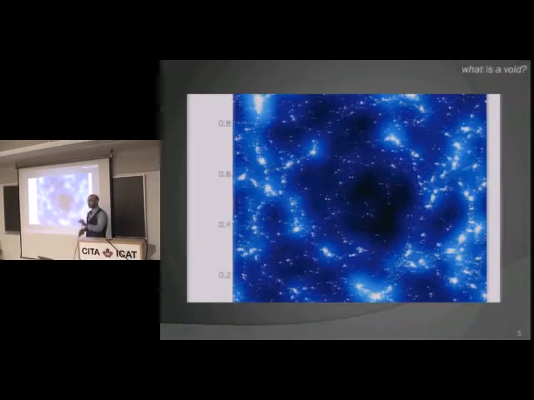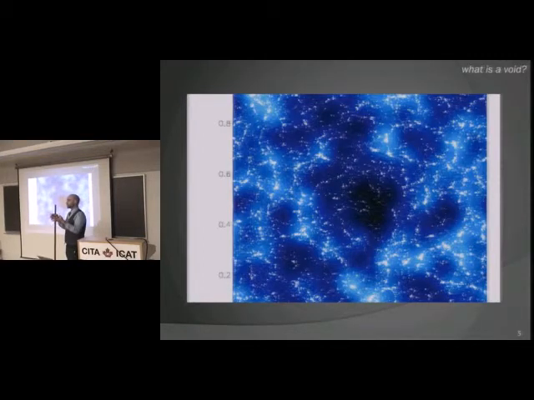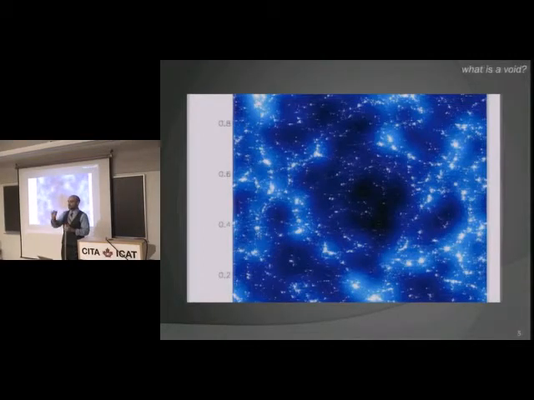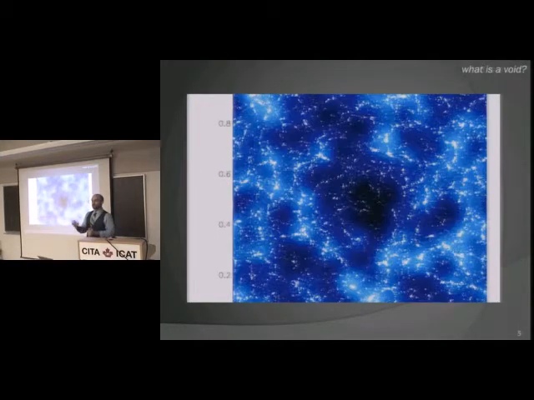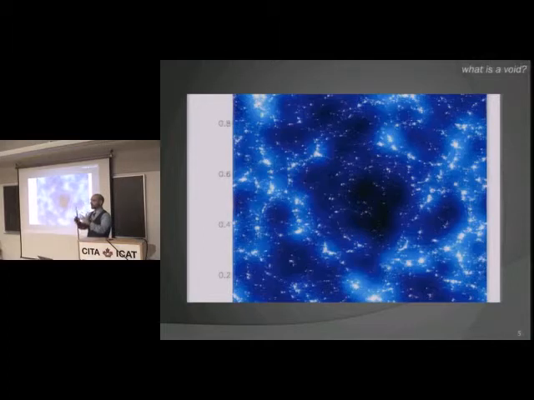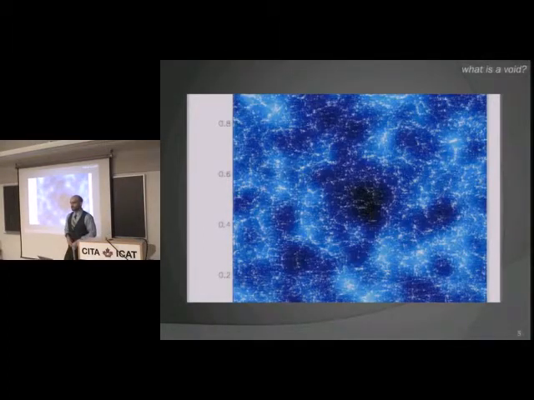So by studying the properties of these holes, say their size distributions or shape distributions or their interior structures, we can learn about dark energy, dark matter, the growth of structure, the large-scale cosmological questions.